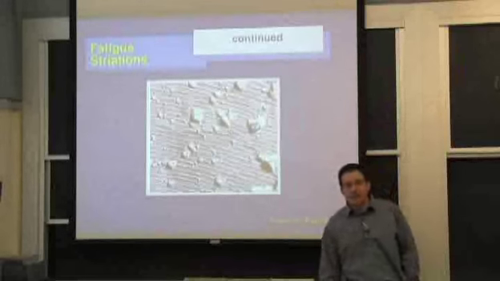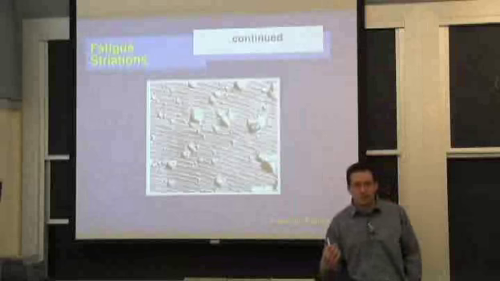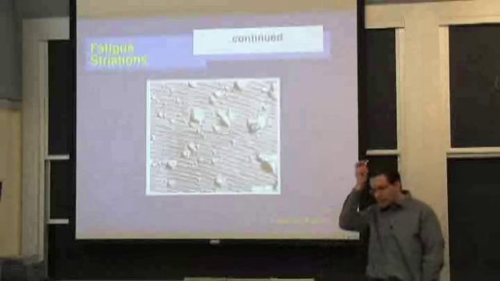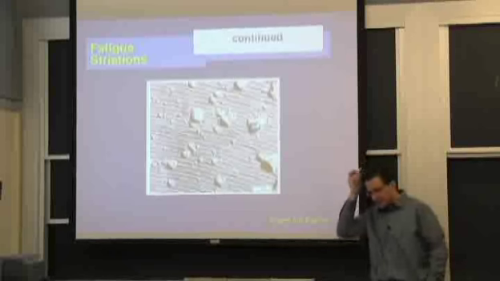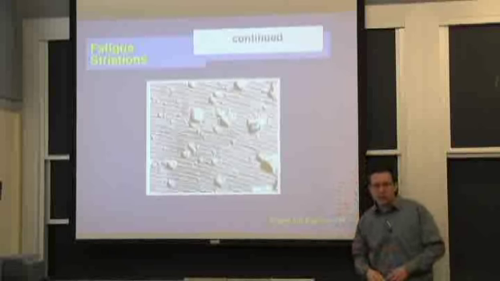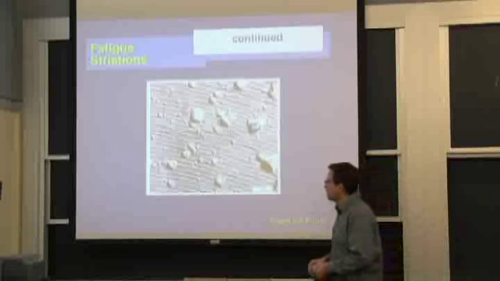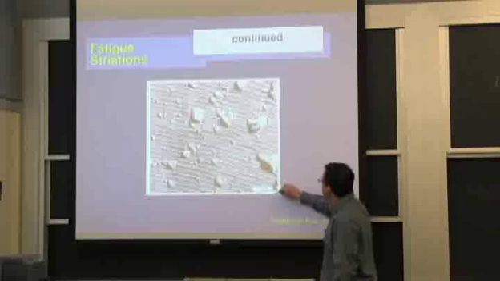It takes a scanning electron microscope to see those little lines. An optical microscope would take you up to about 1,000x, and it's all going to be blur. But when you go to a higher resolution, then you use electrons instead of light. That's where you can start seeing these.